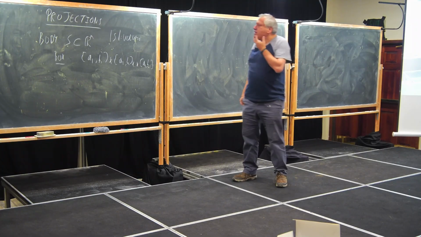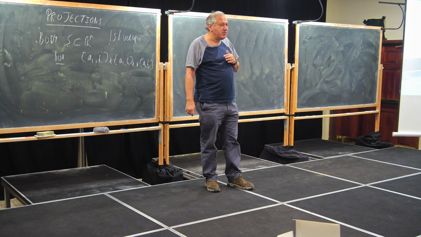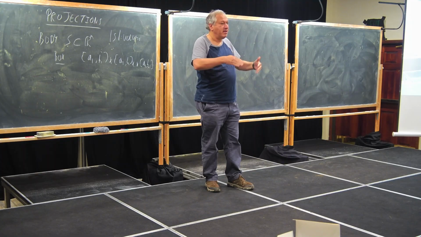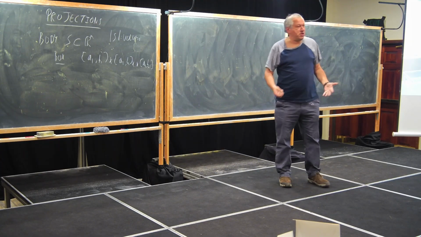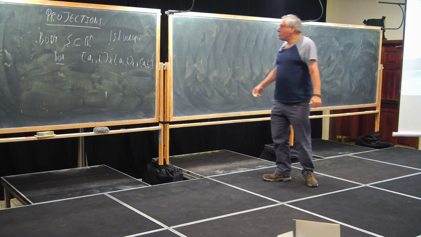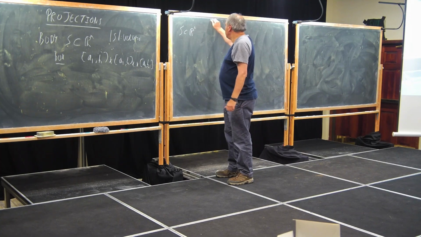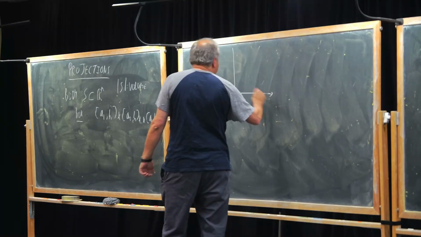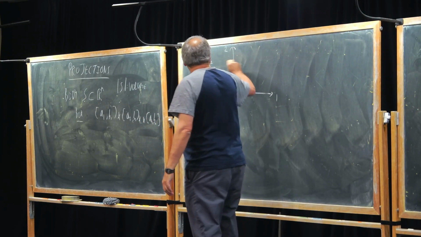And I'm interested in how this volume relates to some projections of the body. Projections meaning what you think they mean. Let me do some examples of what projections are, and then we'll get to the question of how they relate to the volume of the body. So suppose you have some body S in R squared. So here are the coordinates, axis number 1, axis number 2.